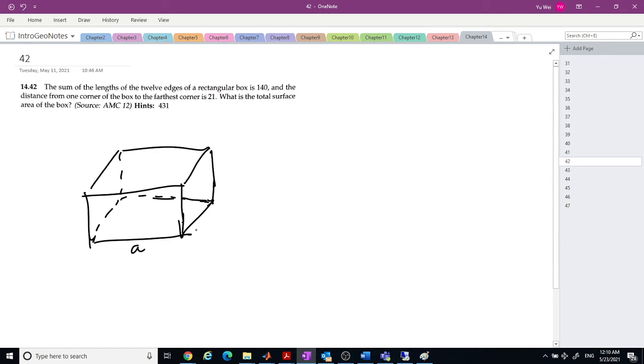So we have A, B, C. So the corner from one corner to the opposite corner, we know A squared plus B squared plus C squared will be 21 squared, right?